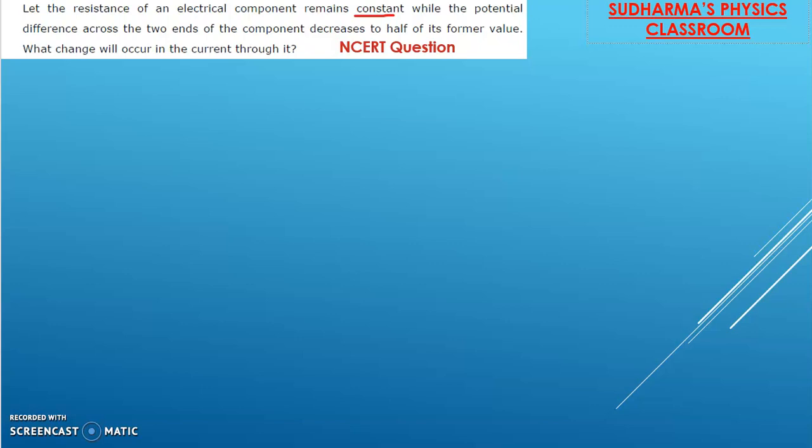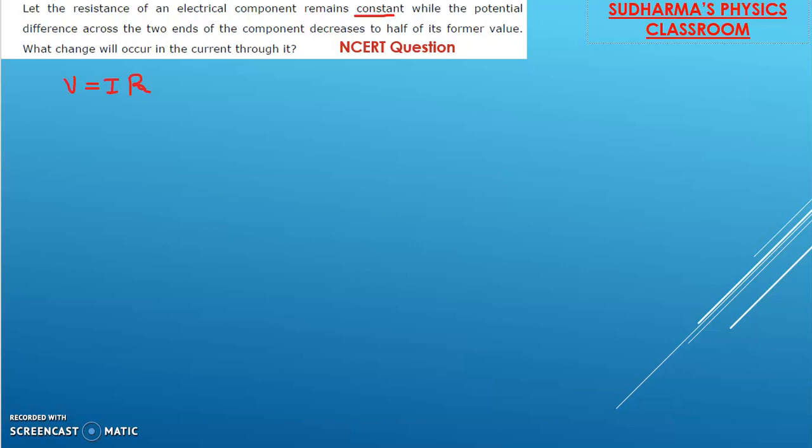So let me call the resistance of the component R and the potential difference V, and I is the amount of current flowing through it in the initial case. Then applying Ohm's law, we have V equals IR. Now, as per this question, the potential difference across the two ends of the component decreases to half its former value.